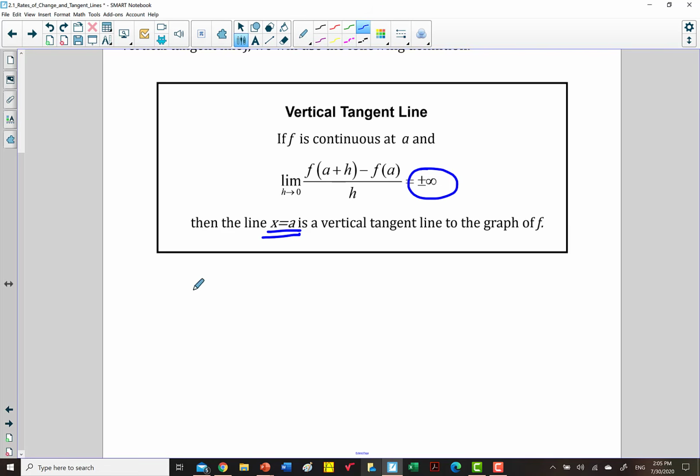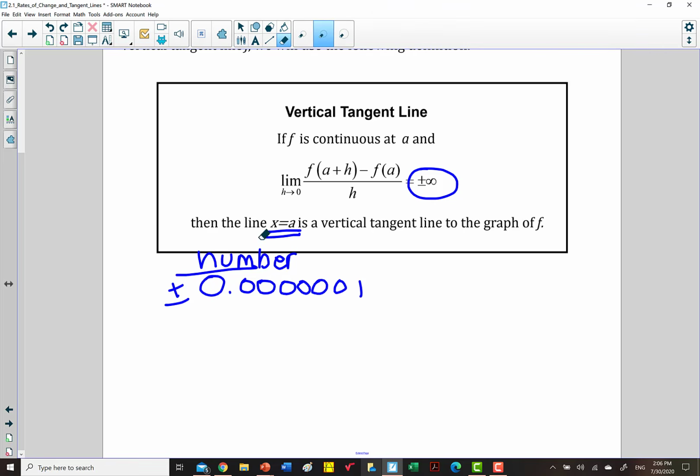And those are going to happen when you get something like a 0 on the bottom and a number on the top of a fraction, right? Or you get some huge number and some tiny, tiny decimal. It's going to either send you to positive or negative infinity based on the sign of those numbers.